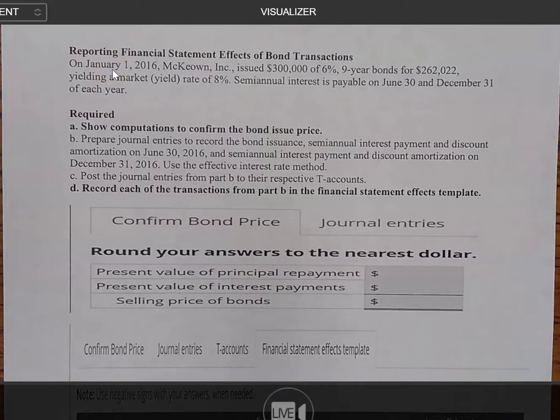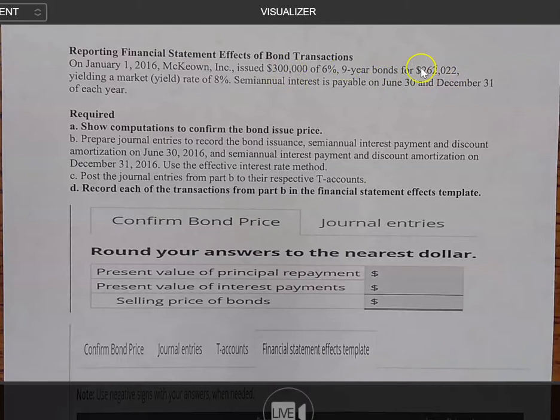If you've seen the other videos, on January 1st of 2016, McCone issued $300,000 worth of 6%, 9-year bonds for $262,022.